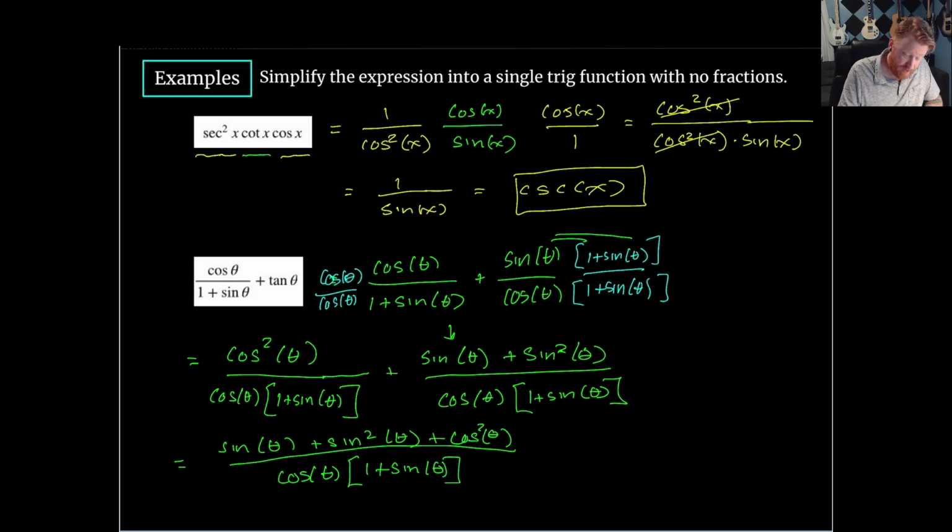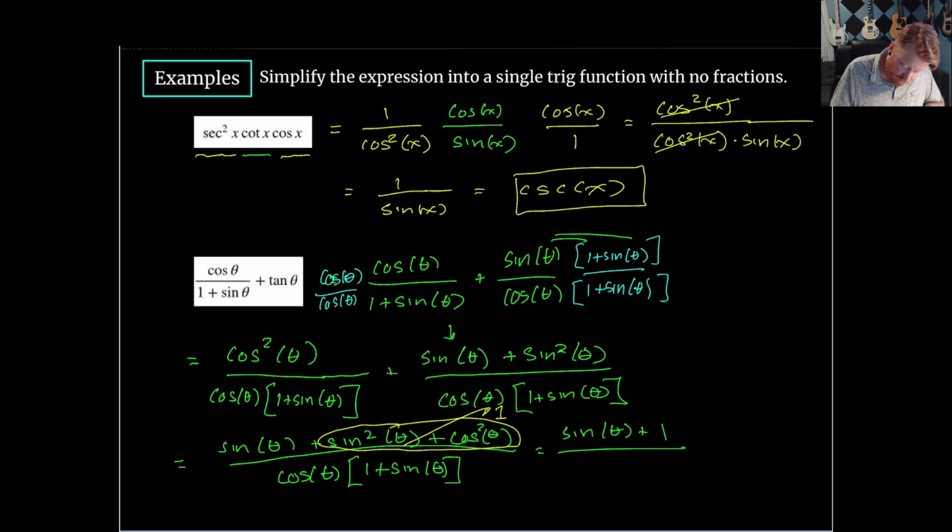And now I see that there is a Pythagorean identity in here. Sine squared theta plus cosine squared theta, this is just equal to 1. So what we have now is sine theta plus 1 over cosine theta times 1 plus sine theta.